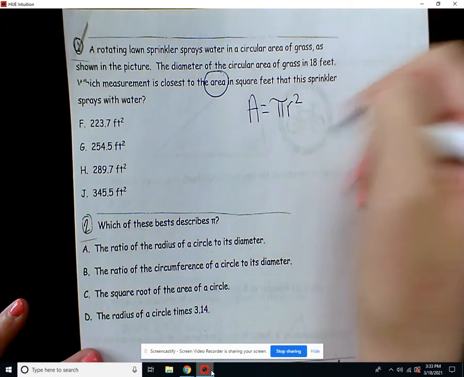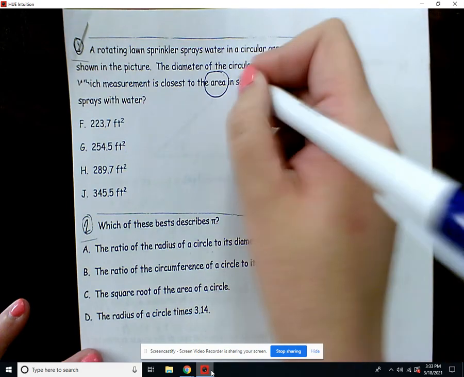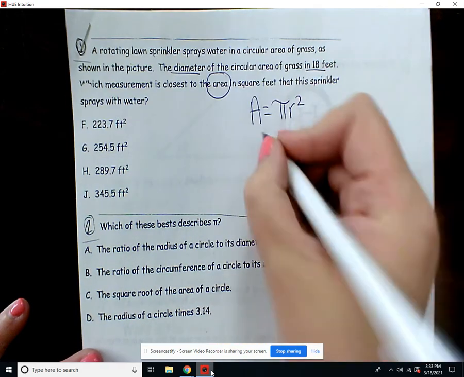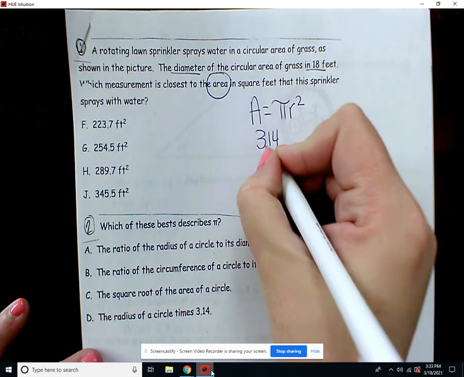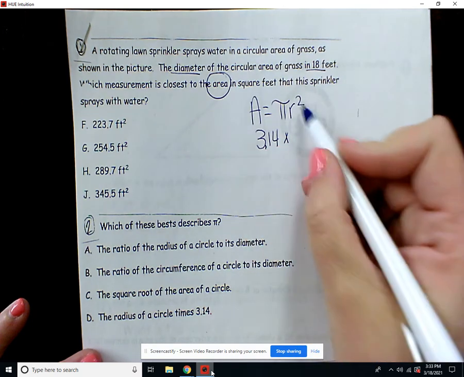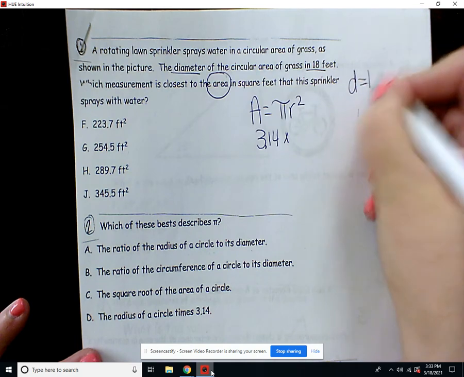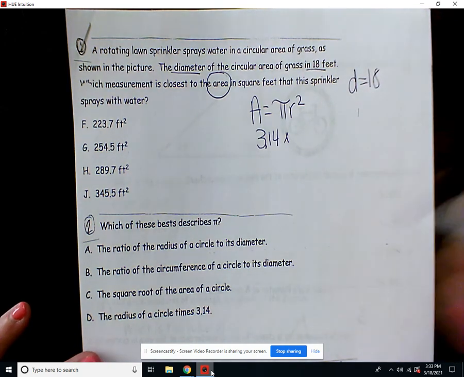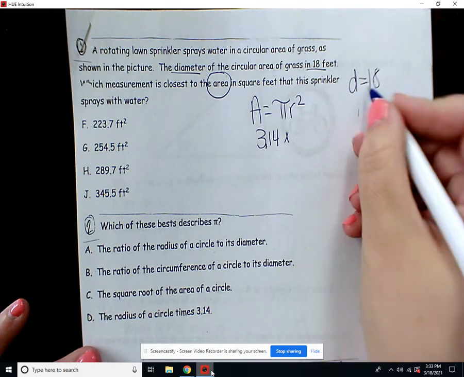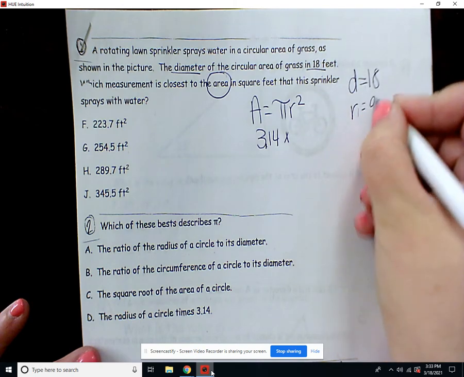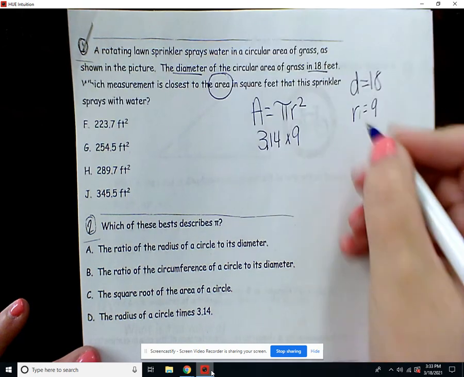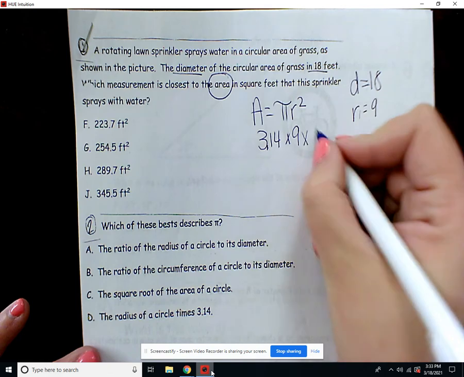Okay, they give us an 18, which is a diameter. So pi is 3.14. We need to turn our diameter into a radius because we can't plug in 18 times 18. So we cut that in half, which is 9. And then remember, r squared means write it down 2 times.